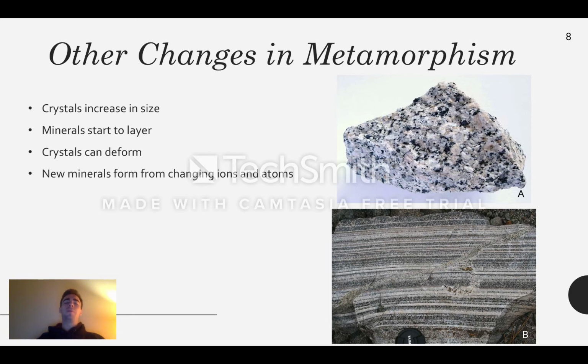Crystals can also deform, and they can get smaller and shrink, as you can see in A. New minerals also form from changing ions and atoms, and with the factors of metamorphism you can see a difference in the rocks.